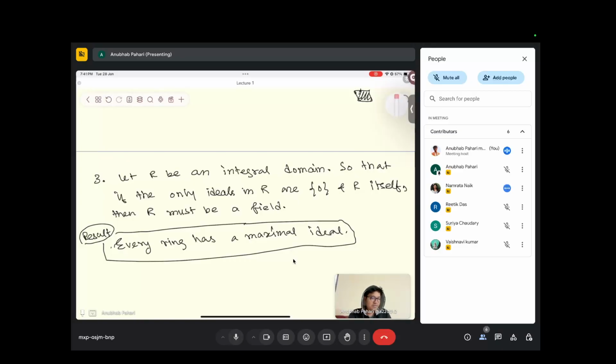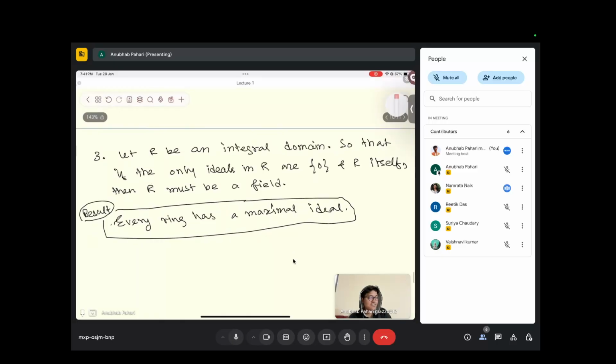Sure, but for that you have to assume that a ring has to have a maximal ideal. Suppose I am saying that R does not have any maximal ideal, so the only data you have is that 0 is a prime ideal because it is an integral domain.